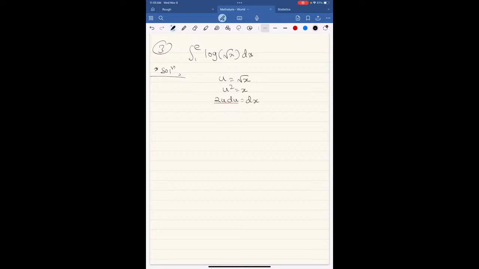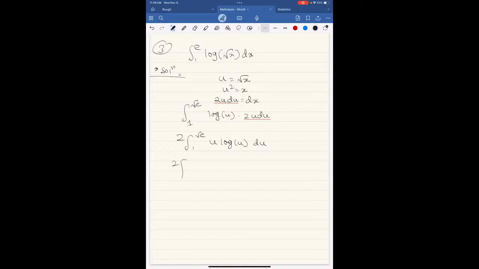Now if I make this substitution, since u is root x, it will go from 1 to root of e, right? And then this will be log of u, and dx will just be 2u du, okay? I think now it's doable, right? 1 to root e, u log u. Yeah, this can work, exactly.